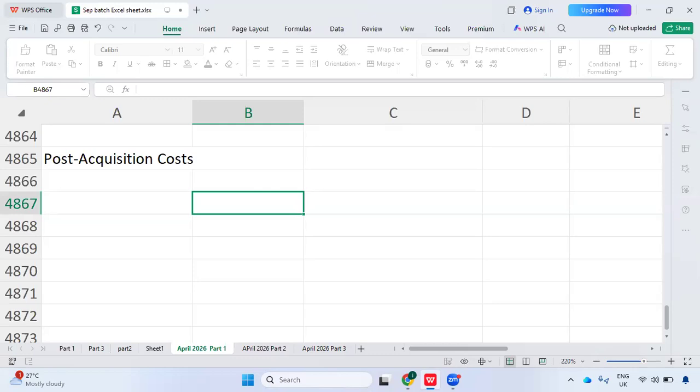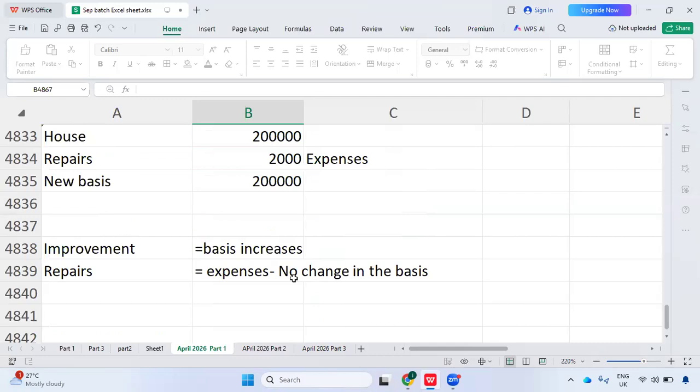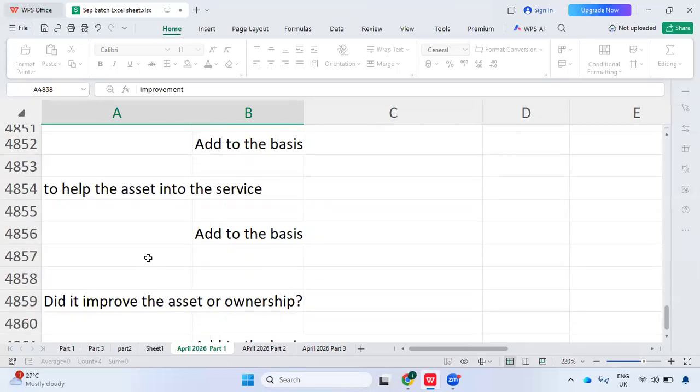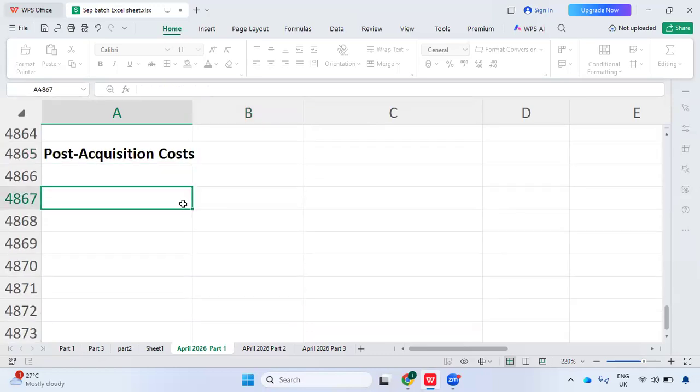After purchase, certain kinds of expenses we pay, and those are capital expenditure. We have seen those here in the improvement section. Improvement generally happens post purchase only. After purchase and after use for some time, we may pay some capital expenditure. The capital expenditure also will be added to the basis. So post acquisition means after purchase of the property and after use, we may incur some post acquisition cost.